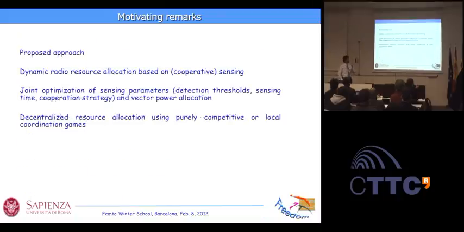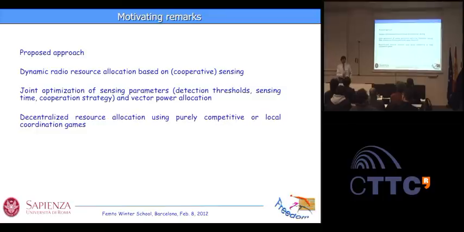Okay, within this global scenario, what we are going to talk about today is the following. This is the first part of this talk. The first topic is dynamic radio resource allocation based on sensing. Clearly, sensing is a crucial part here, because if we want to allow for dynamic resource allocation, we want to implement some kind of learning, in general terms, and adaptation to the electromagnetic environment.